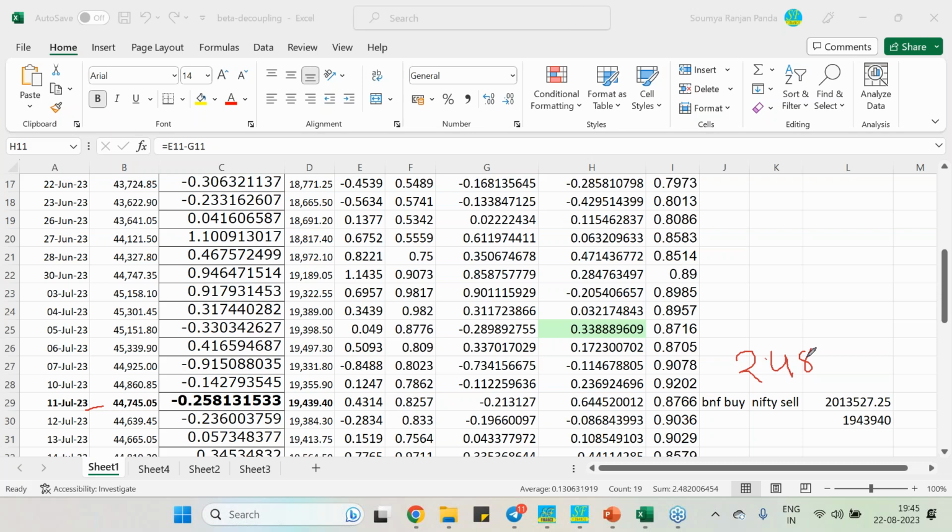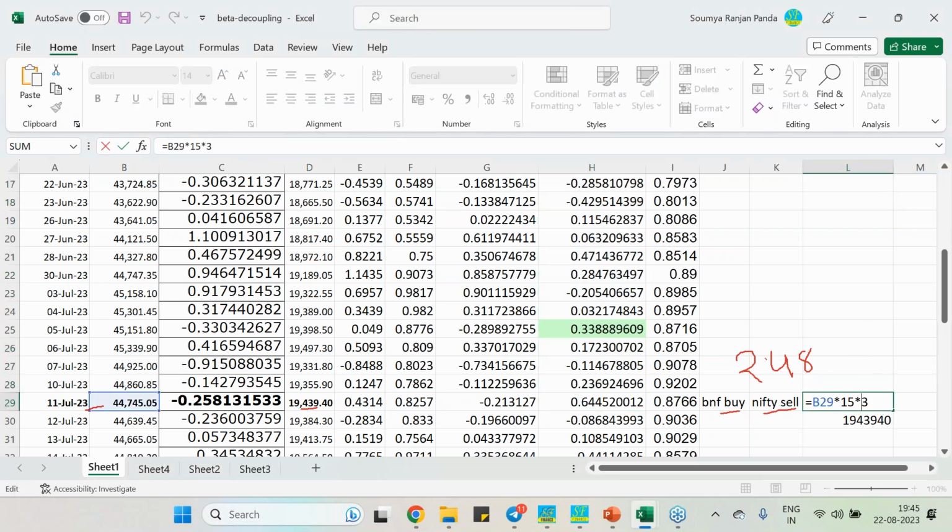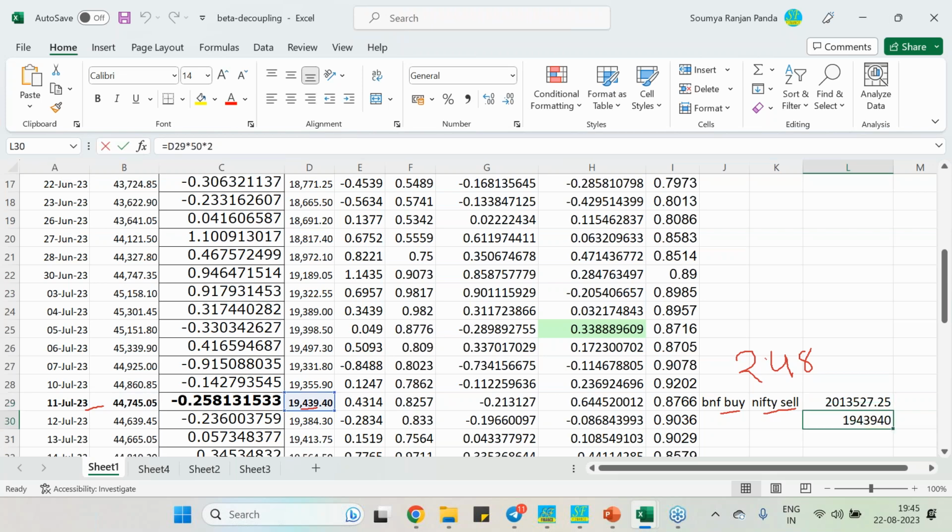That is the time we should enter a trade. Since Nifty has moved ahead, it is costlier, so we'll sell Nifty and buy Bank Nifty. How much quantity? Based on the lot size, we can buy 3 lots of Bank Nifty and sell 2 lots of Nifty, so the contract value is almost equal.